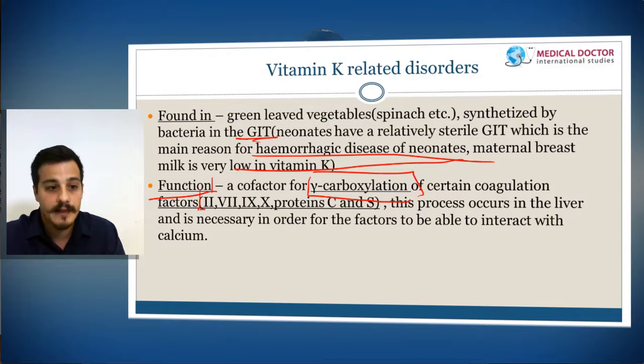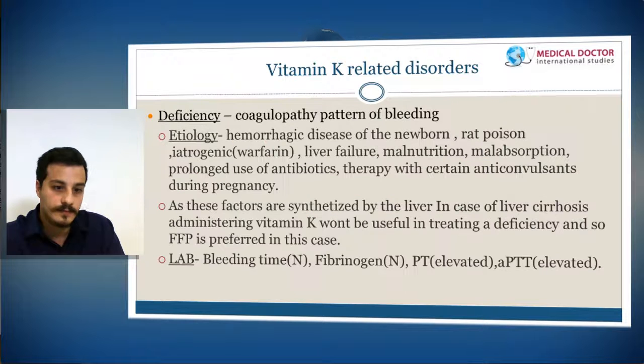Most importantly, and this list you do need to remember for your exam because this is a very common question that somehow would involve knowing which of the factors are vitamin K dependent: the ones that are vitamin K dependent are factors 2, 7, 9, 10, and proteins C and S. A deficiency in vitamin K would cause a bleeding disorder with a coagulopathic pattern of bleeding.